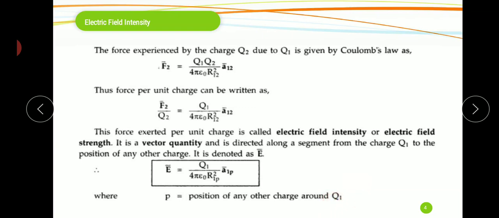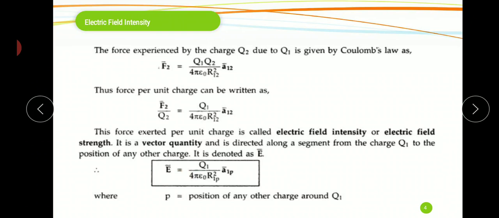So the electric field intensity varies from point to point. That means wherever the other charge is positioned and experiences a force, that position is very important. Depending upon the position, we have to find the electric field intensity. So it is not a unique factor; it is a varying factor.